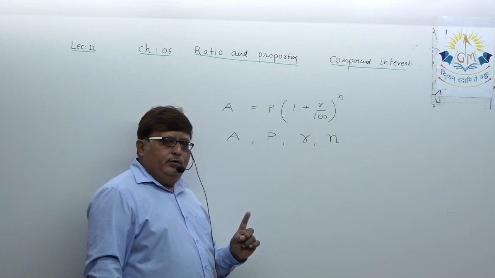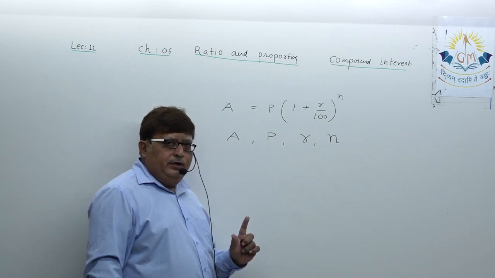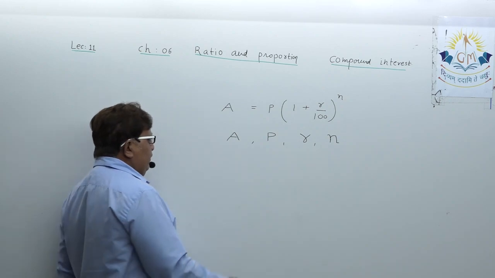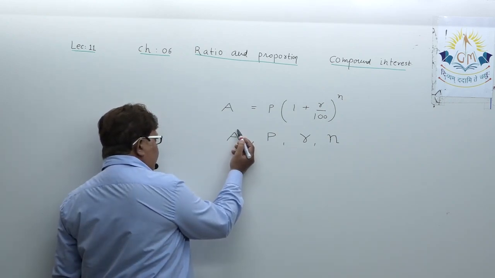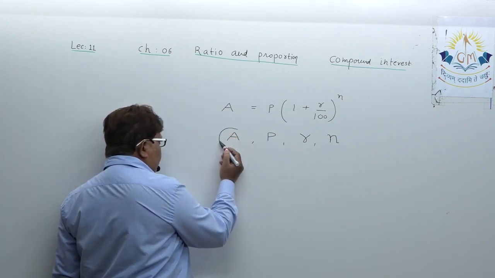Now, student, one type of example we have done, that is to find amount, as you all know.